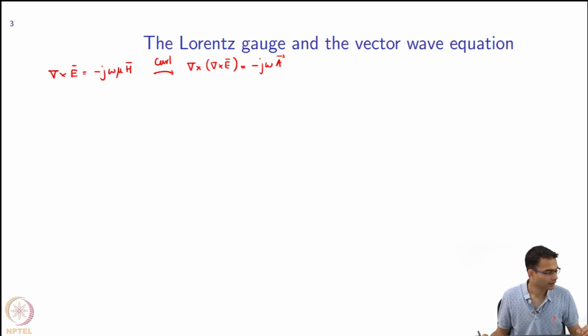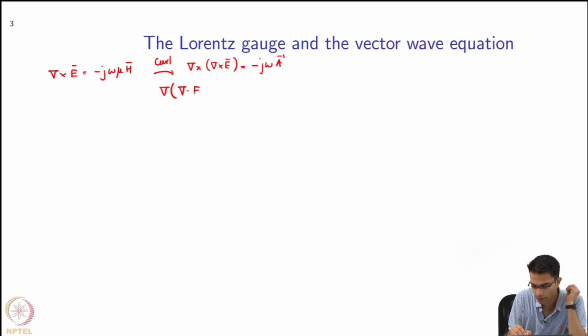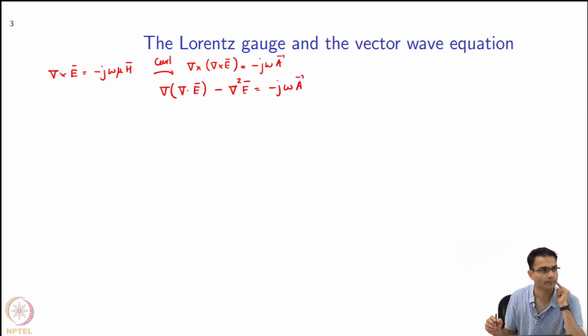Okay. Then next, what do we do next? Well, so let's do that. So I will get del dot E minus del squared E is equal to minus j omega A.